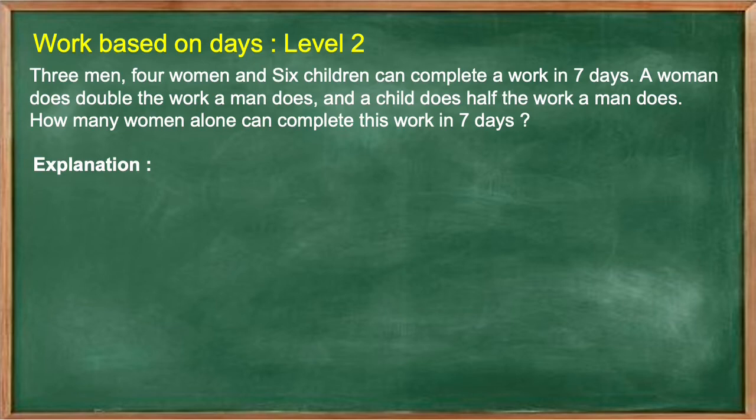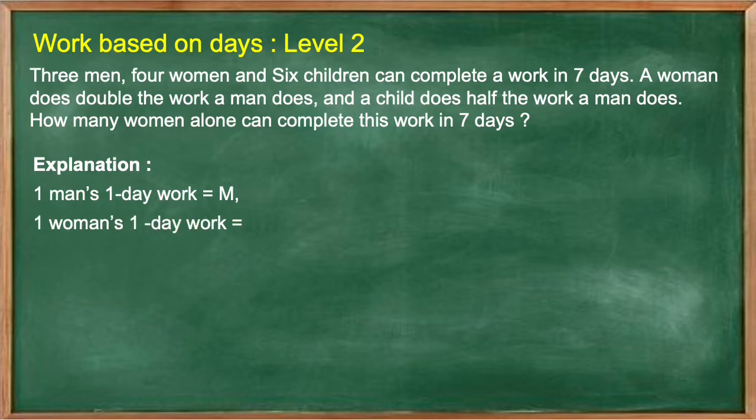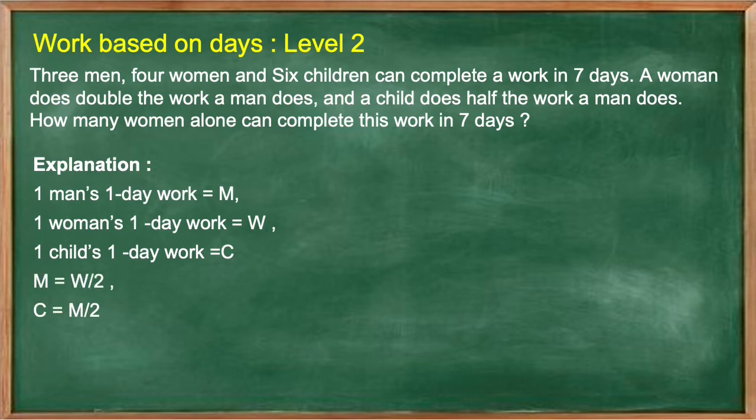Now let's say that one man's one day work is M, one woman's one day work is W, and one child's one day work is C. Now let's see the comparison given in the question and write the equations. This has been given in the question that M is equal to W by 2 and C is equal to M by 2.